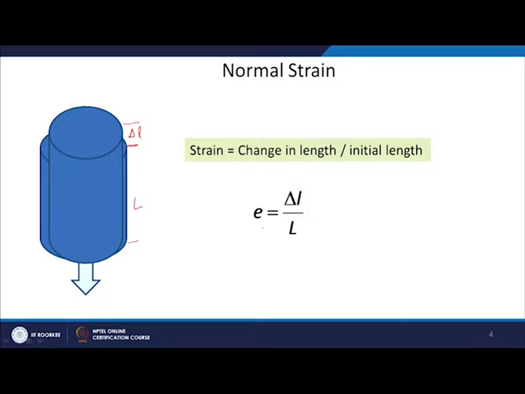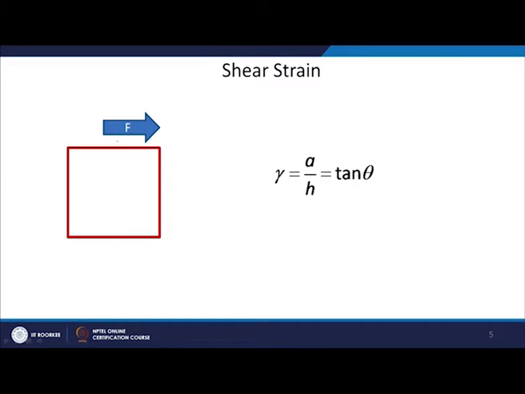Again, because I am measuring the strain along the direction normal to the area, I will call it normal strain. Similarly, there can be shear strain, which is because of the force applied parallel to the area. Suppose this is my initial object, and I am applying a force here in this direction.